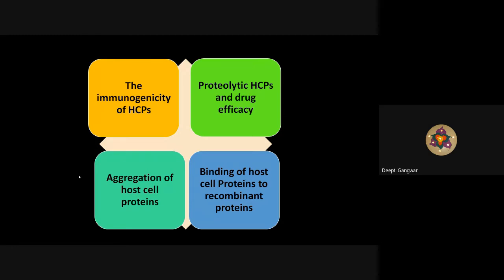Then it is not available for binding to the downstream target, which is the actual purpose of the therapeutic molecule. So again, it will impact the efficiency of the molecule. And last but not least, if the host cell protein itself aggregates further, it can again trigger an immunogenic response, which will impact the safety of your molecule. So these are the four basic reasons why HCPs are important and have to be controlled at certain levels.